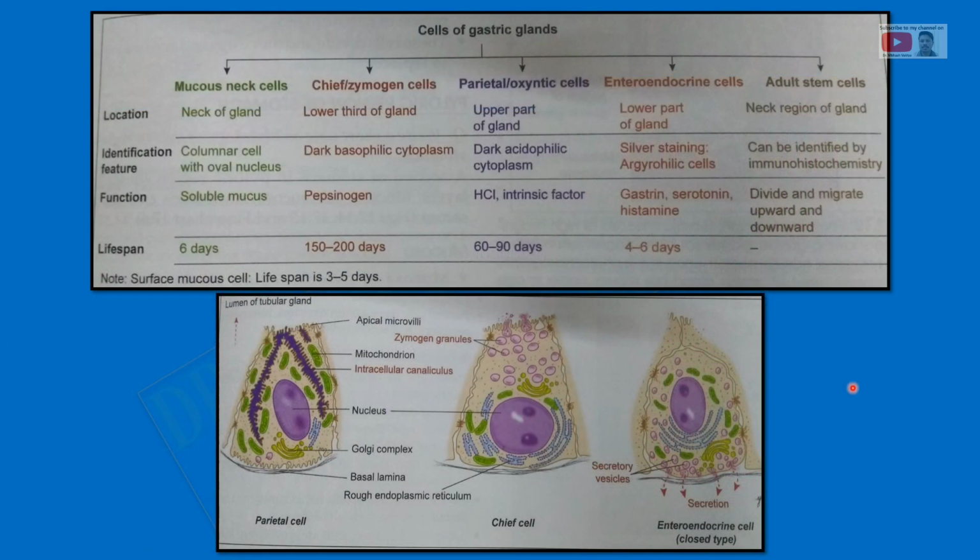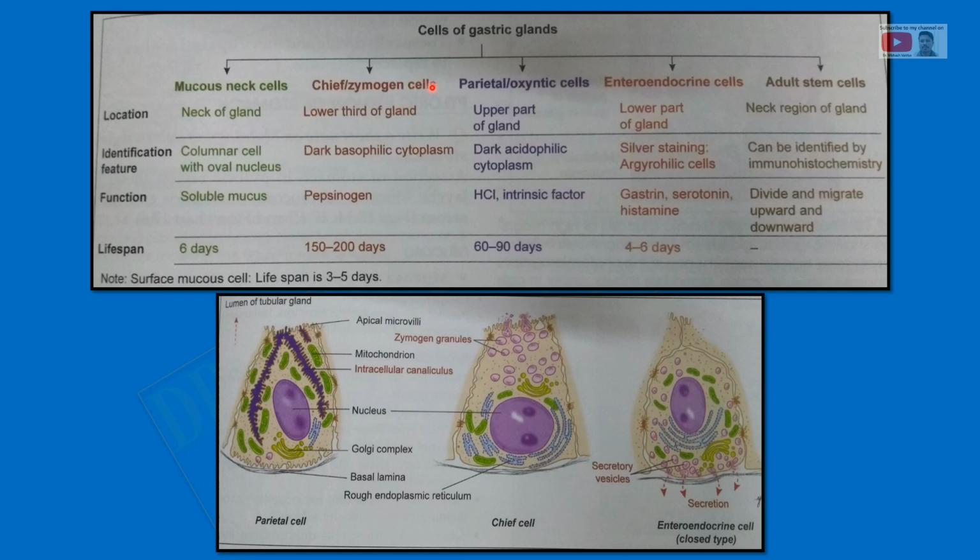In this slide, we further discuss the cells of the gastric gland: the mucus cells, chief cells, parietal cells, endocrine cells, and stem cells. If we are talking about the location of these different types of cells, the mucus cell is mainly located in the neck of the gland.